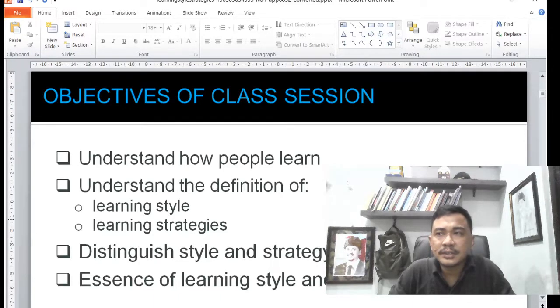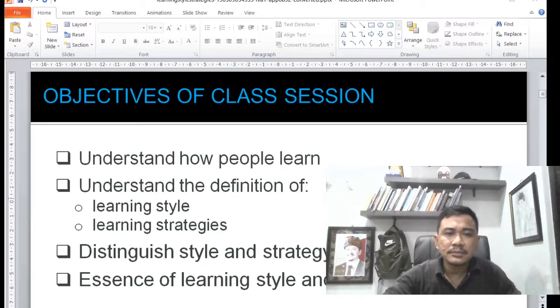Next, you have to be able to distinguish between style and strategies. And you can explain the essential things related to learning style and strategies.